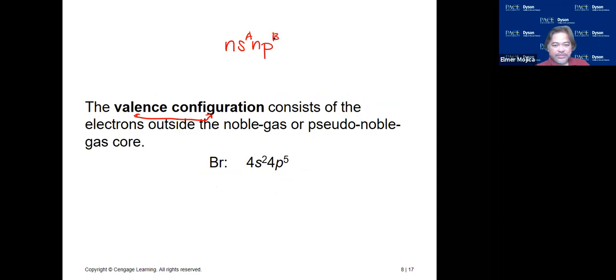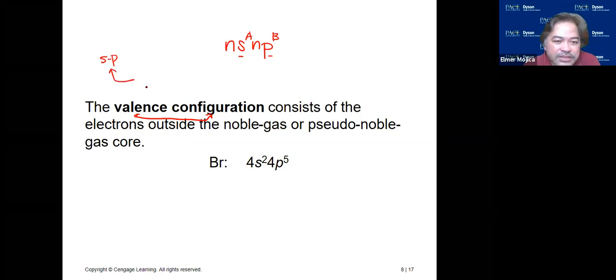So what does this mean? This valence configuration is the one that usually participates in the reaction. So these are the electrons that can be found in the s and the p orbitals. What do we call the s and the p elements, if you remember, in your chapter 2?